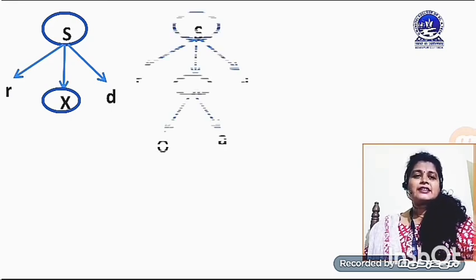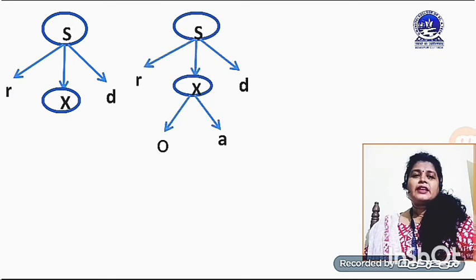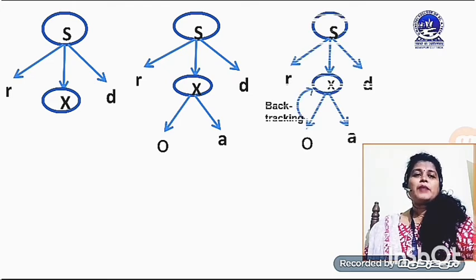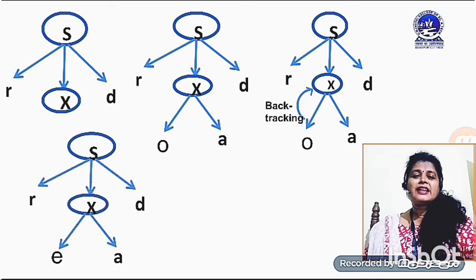At the second stage we implement X implies OA and the tree looks like this, and here we have not got our matched input, that's why backtracking will be performed. And at the fourth stage we implement X implies EA and the tree looks like this, and here we got our accepted string, that is READ.